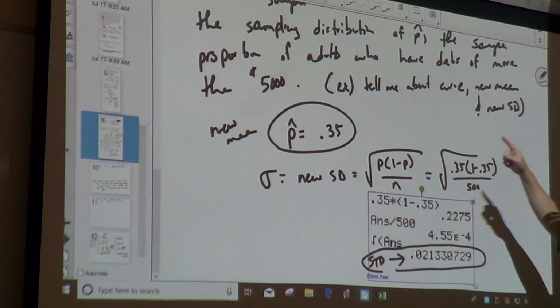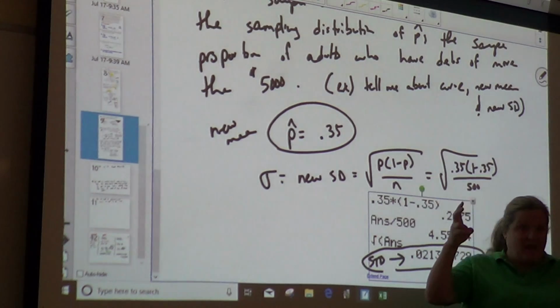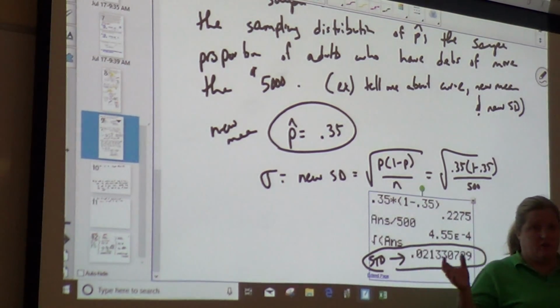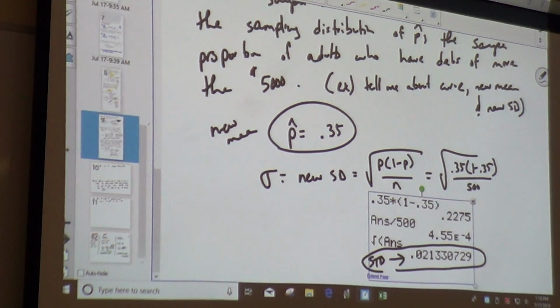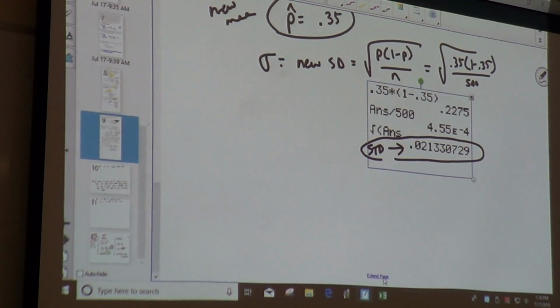Now it says, tell me about the curve. What test do I have to do to tell me about the curve? I've got to do those two tests. What's the first test? N is less than or equal to 0.05 times big N. Is it less than or less than or equal to? Less than or equal to.